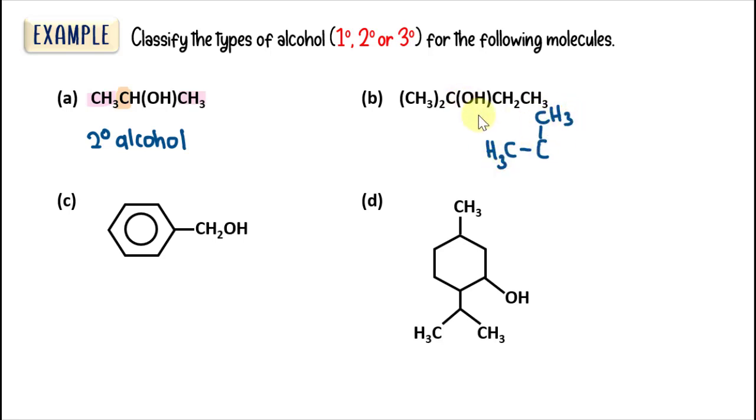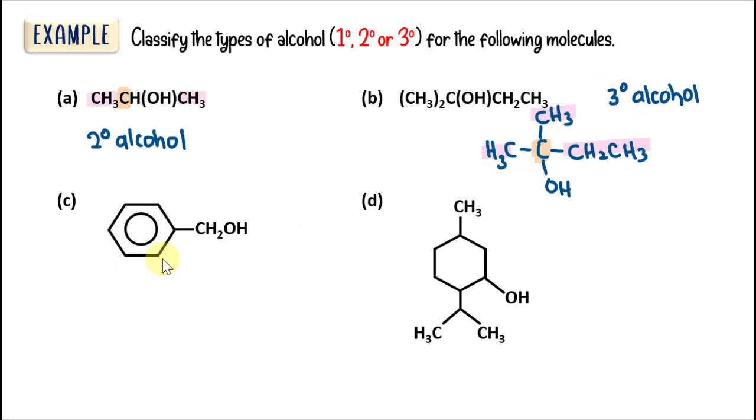And then here we have one OH, and next to it we have CH2, CH3. If we open the structure, only then can we see clearly. So this is the carbon bearing the OH group. Since it has three carbons next to it, it means there are three alkyl groups attached to it. So it is a tertiary alcohol. So we have a tertiary alcohol here.